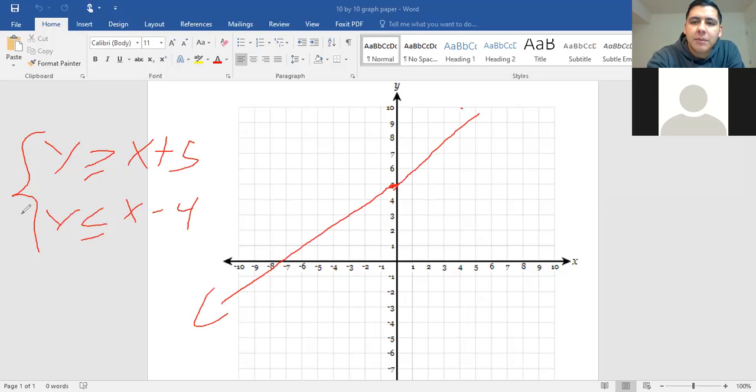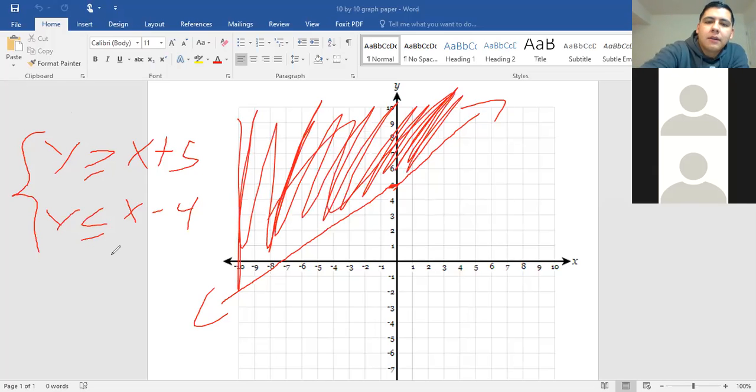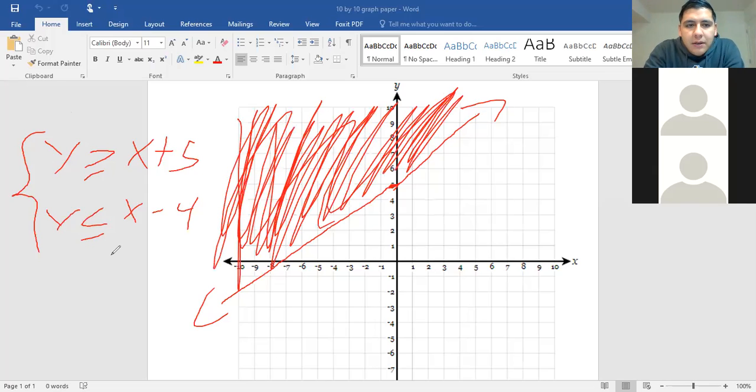Now remember that this is going to be a solid line because of the inequality, right? But comparing it, where would the shading go, on the top or on the bottom? Anyone? The top. Right. The shading would go up here because y is greater than x, so shading goes on top.